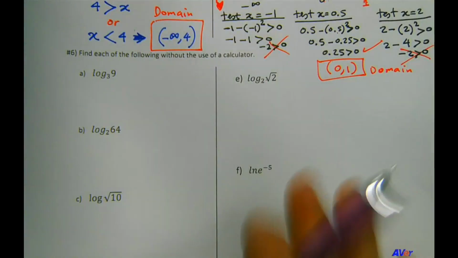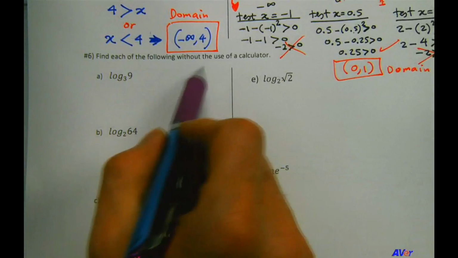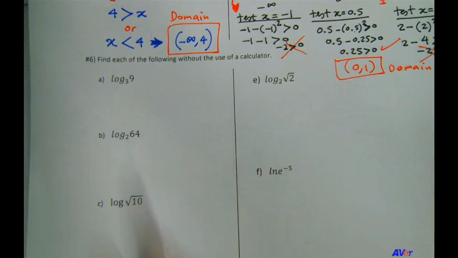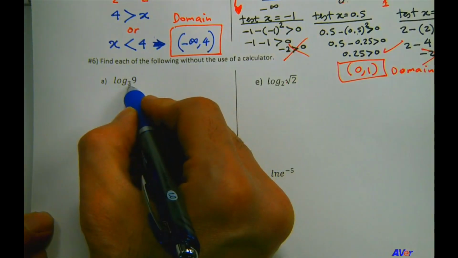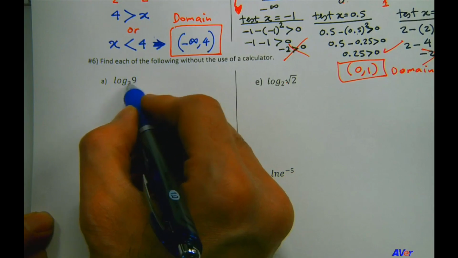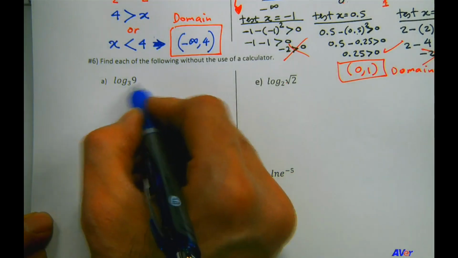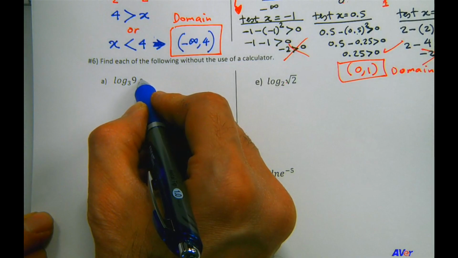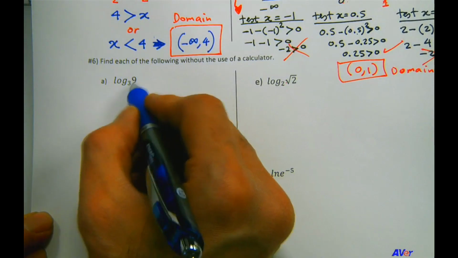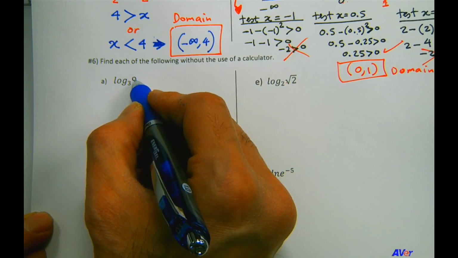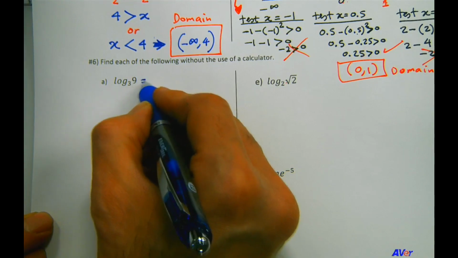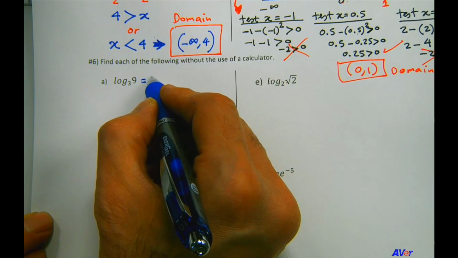All right. So next, it says find each of the following without the use of a calculator. Okay? So we're evaluating this. What is the log of 9 to base 3? So the result is some exponent.